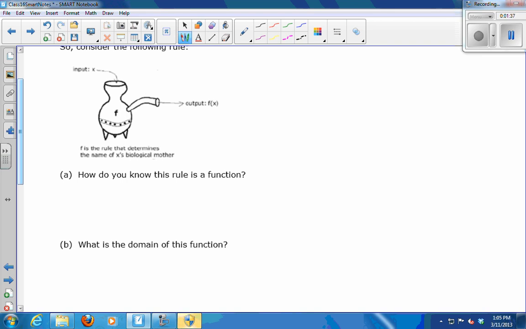You get only one answer because every person has exactly one biological mother, right? So we know it's a function. We know it's a function because every person has exactly one biological mother.